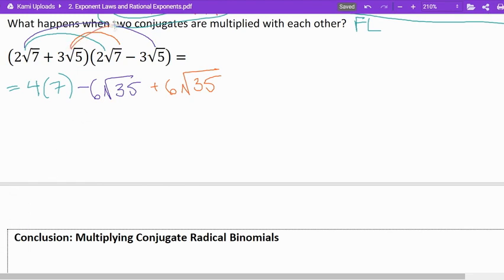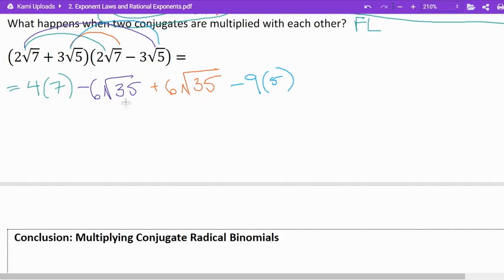And the last one, 3 times negative 3 is negative 9. And then instead of saying root 5 times root 5 is root 25, what can I just say? It's just 5. Which two colors can I cross out? I would call that orange. Yes, the purple and red or orange.